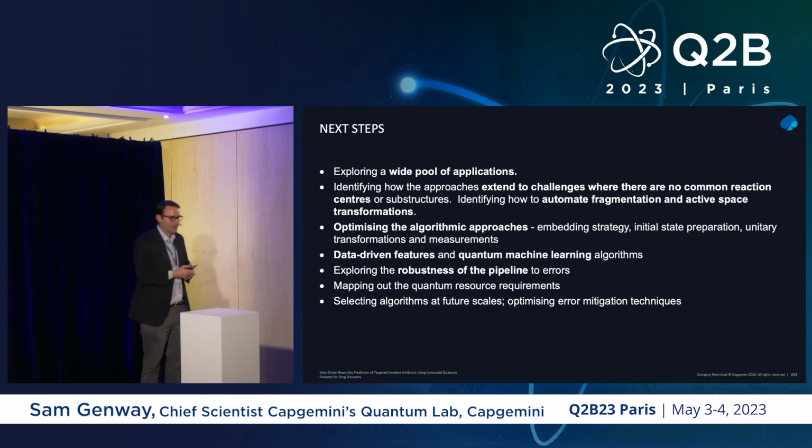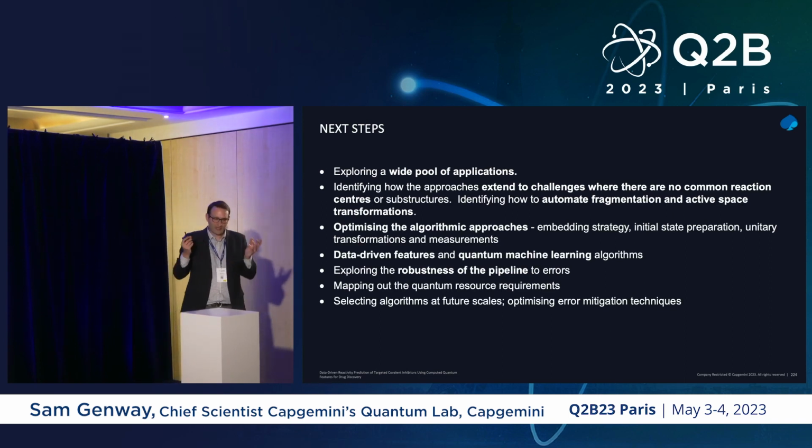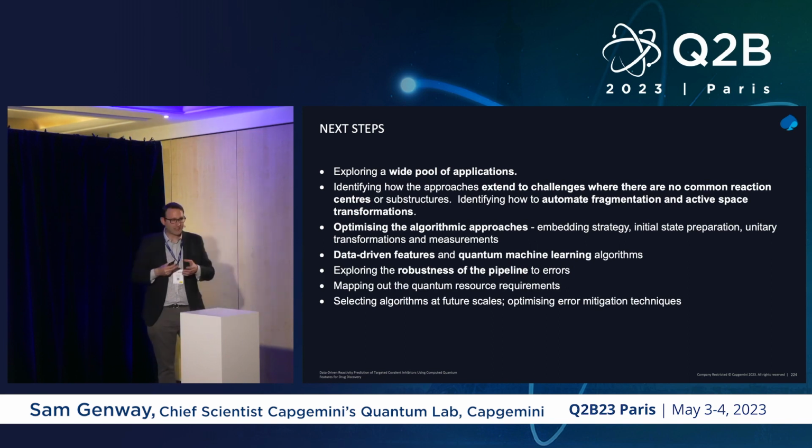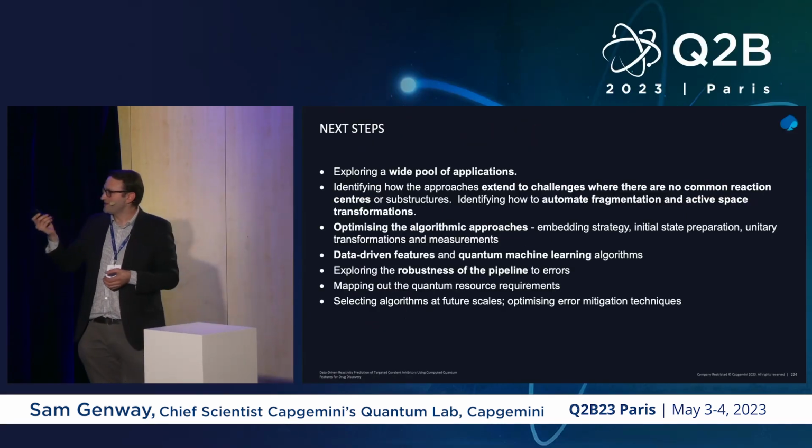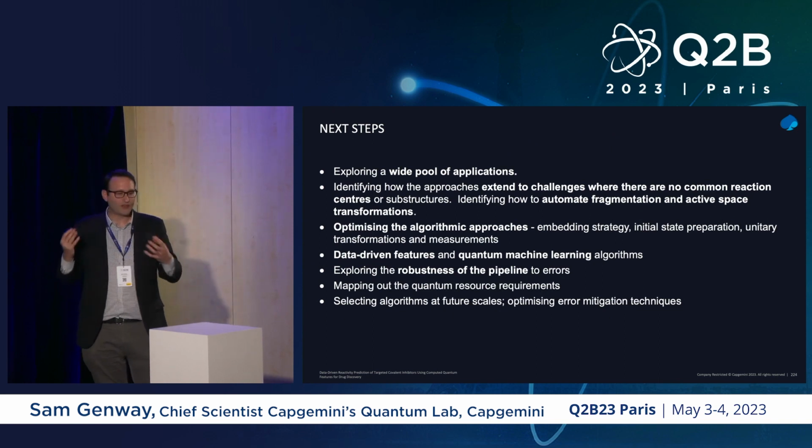There are quite a few things that we're doing next. One of them is exploring a wider pool of applications, including some outside of the life sciences area. There are plenty of areas where we want to extend this approach. In particular, this is an easy example because there really is a common functional group across the entire data set. We also want to look at optimizing the algorithmic approaches, and there are multiple things to do there.